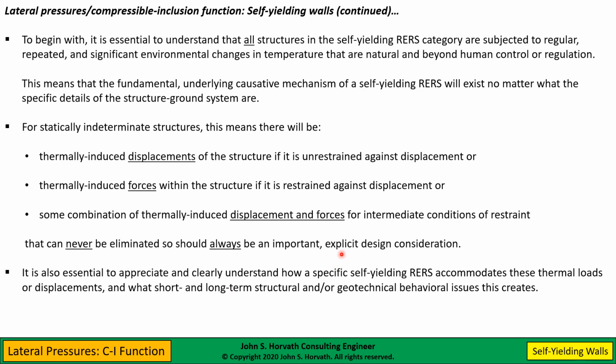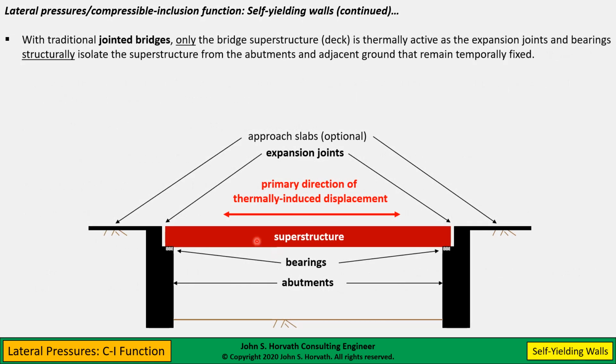And again, I'm emphasizing this because from what I've seen with integral abutment bridges, people have tended to look at the structural short-term behavior and not adequately look at the long-term geotechnical behavior. And this has created a lot of problems. So, okay, this is just a very simplistic cartoon, if you will, of a traditional short-span jointed bridge.